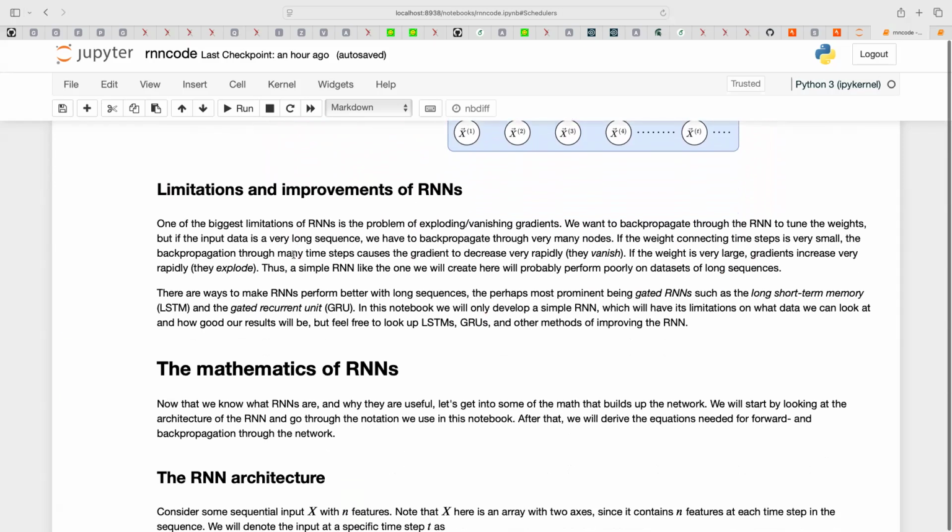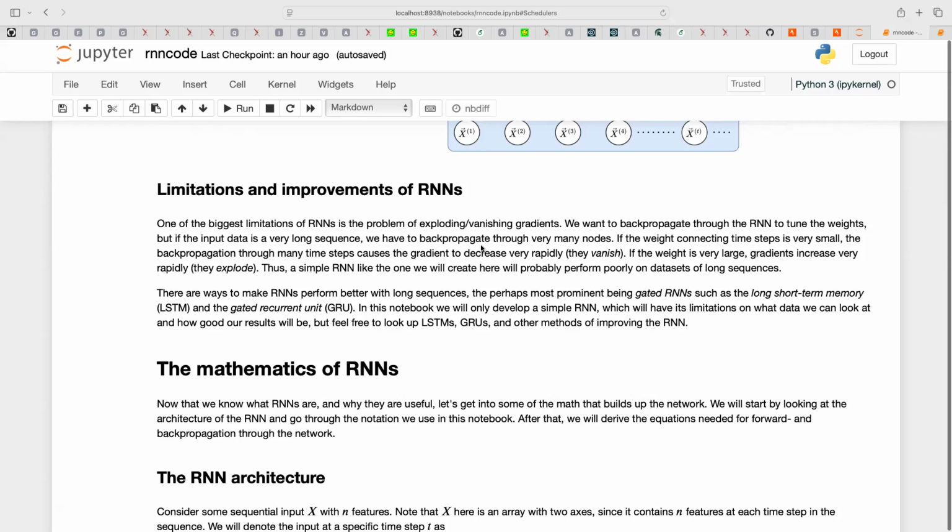Typically, the limitations which we discussed last week, one of these is about exploding gradients, and this is something which we have to be careful with. When you want to backpropagate through the network to tune the weights, if the input data is a very long sequence, then you have to backpropagate through many nodes. This is also why the training is often stopped at a certain time step, and then you keep the same weights and biases for the rest of the network because it's expensive to train.